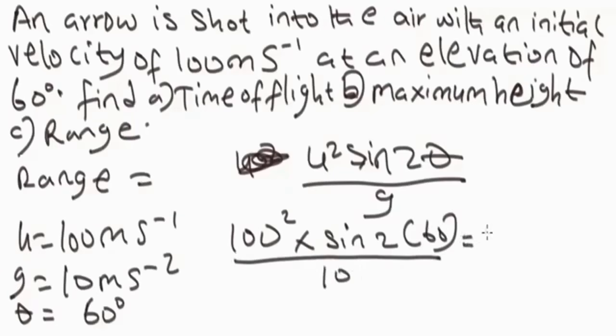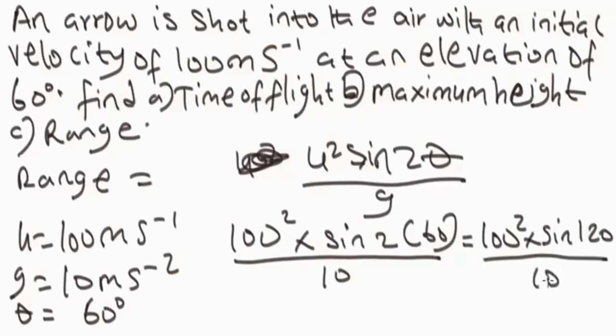So let me punch this into my calculator straight and get the answer. Okay, so I have it to be 866.02. Range is horizontal distance, so the unit will be meters.